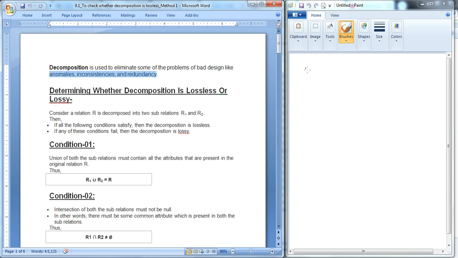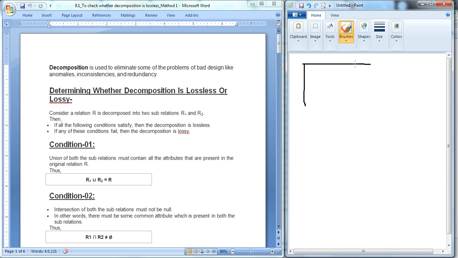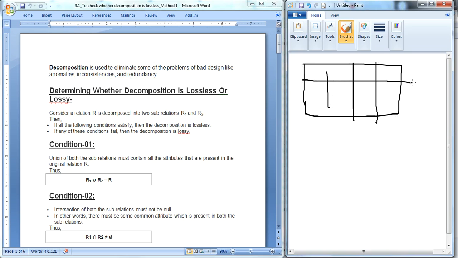If we consider this a simple whole table, it contains 4 columns A, B, C and D. Then we can say that the relation is R(A, B, C, D).